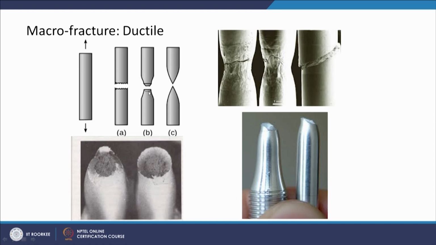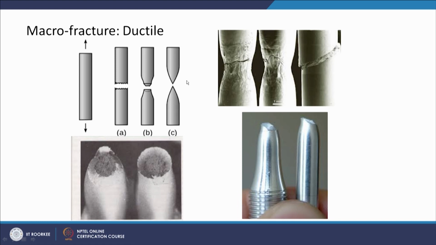In this case at the center we have the brittle, flat fracture, and at the sides we have the slant fracture. So, this is the mixed mode of fracture, and this is the case where the material is completely ductile and the reduction in cross sectional area is close to 100. So, this is the completely ductile fracture.